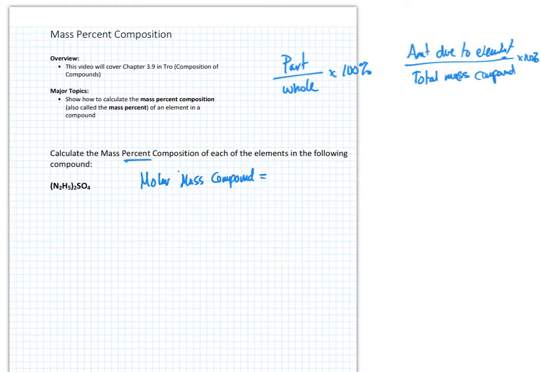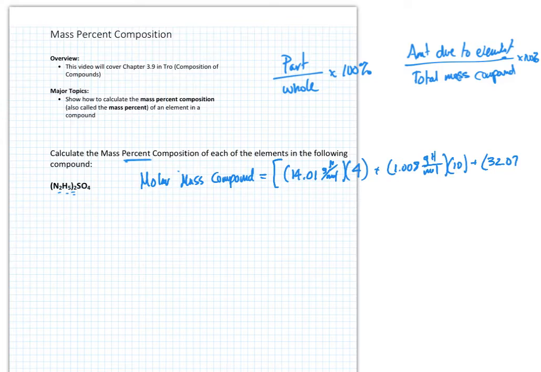We'd have to look up most of these, but we have 14.01 grams nitrogen per mole, times there are 2 times 2, so 4 nitrogen atoms, plus 1.008 grams hydrogen per mole. There are 5 times 2, so there's actually 10 hydrogen atoms, plus sulfur, which is 32.07 grams sulfur per 1 mole.